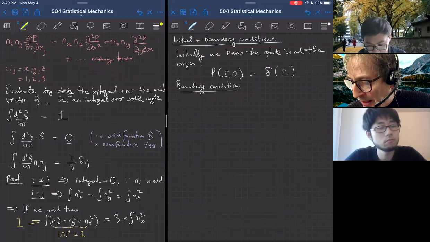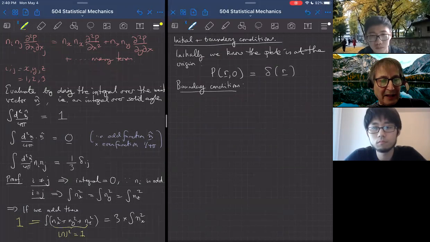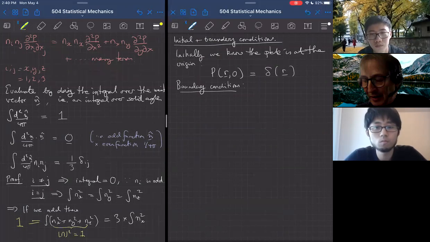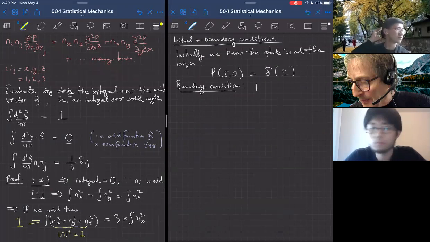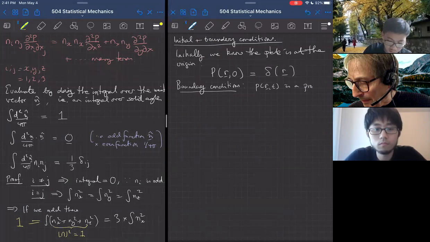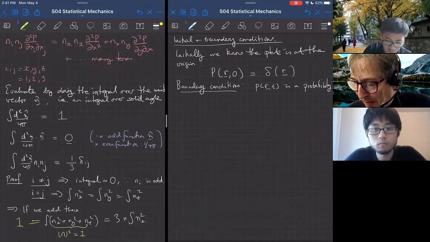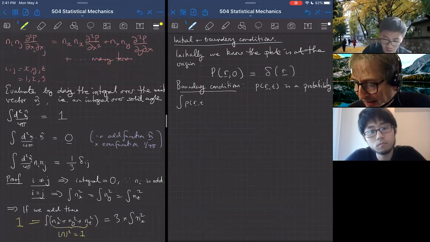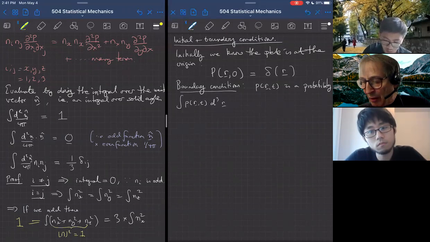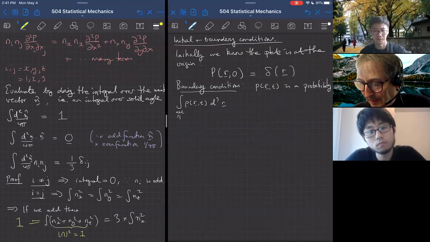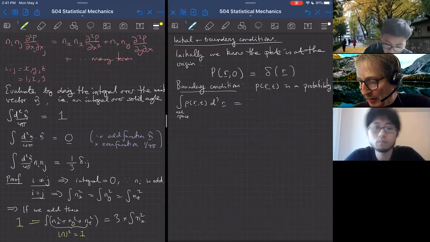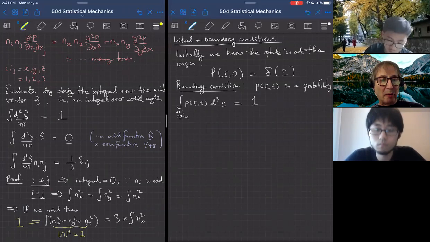But where they come from is the fact that we need to know that P is a probability. And because it's a probability, that means that the integral of P of R and T at any time t over all space has to equal 1. The particle has to be somewhere.